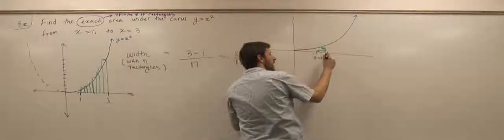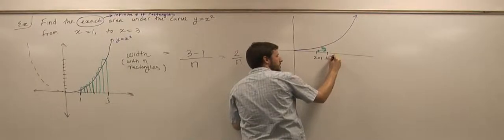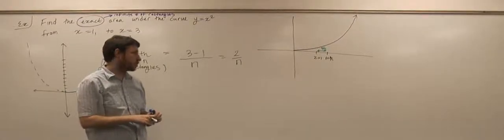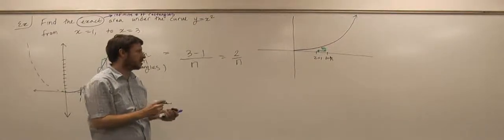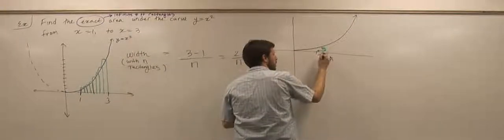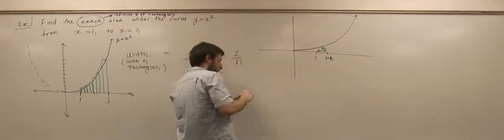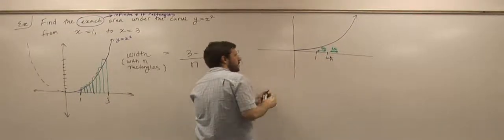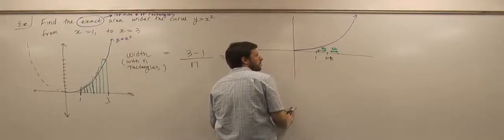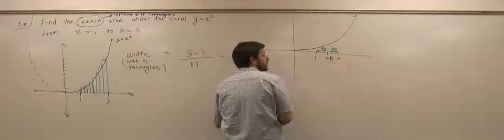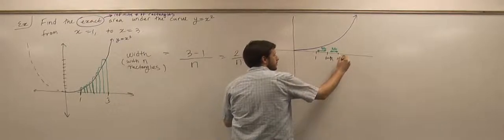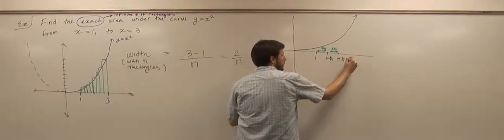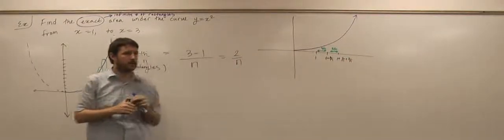But if I keep it 2 over n, then my next endpoint is going to end up at 1 plus 2 over n. You just add the width of your rectangle to your starting point. And then I have to have another equal length rectangle. So where's my next endpoint going to end up? 1 plus 2 over n plus 2 over n. Does that make sense? You just keep adding 2 over n.